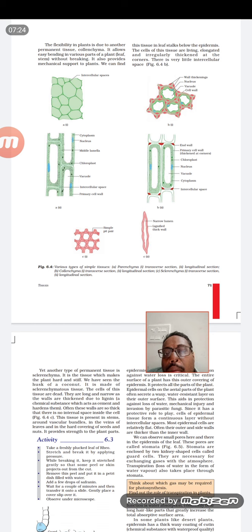That means carbon dioxide goes inside for photosynthesis, and oxygen comes out after photosynthesis. This exchange of gases takes place through the stomata, and these stomatal pores can be seen on the epidermis.